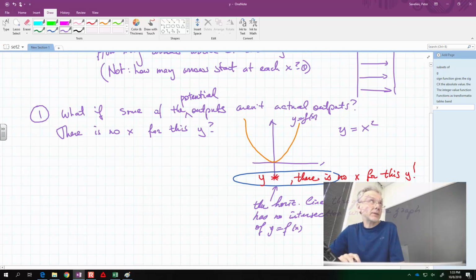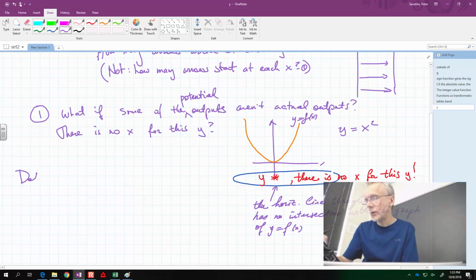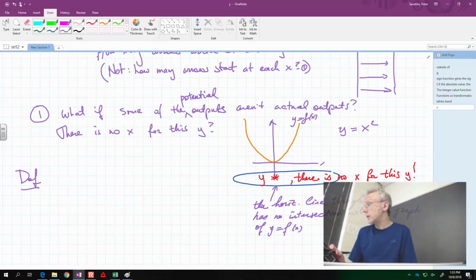When this is the case, that's the problem we want to discuss, and there is a definition that we have to now put forward in order to have the appropriate language that we can later utilize.